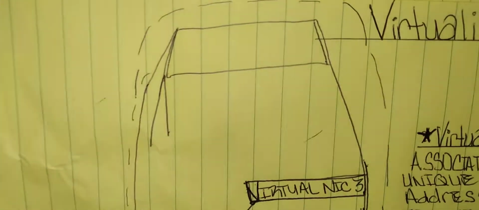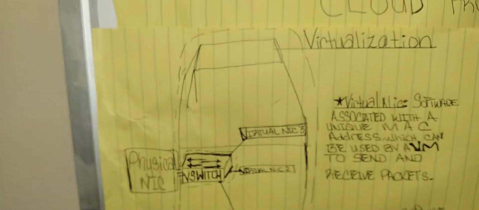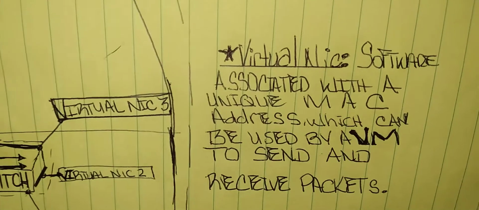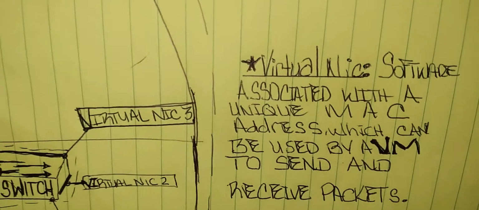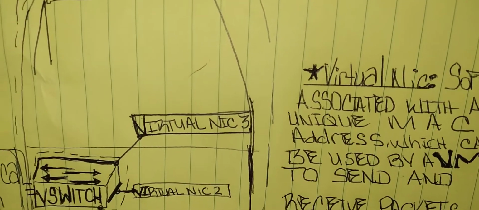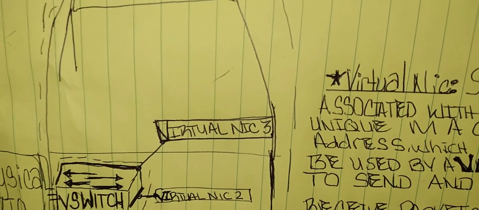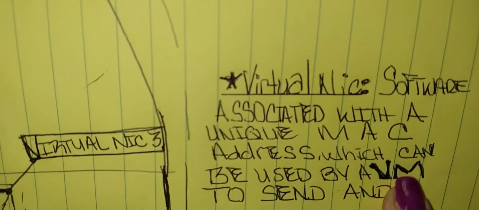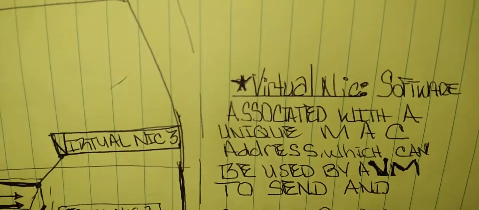As you can see, I have a virtualization topology here or diagram. And a virtual NIC is defined as software associated with a unique MAC address which can be used by a virtual machine, a VM, to send and receive packets.